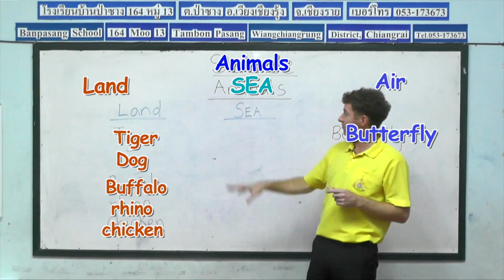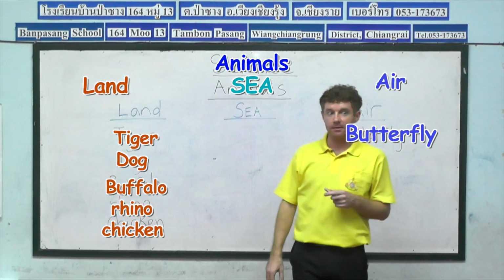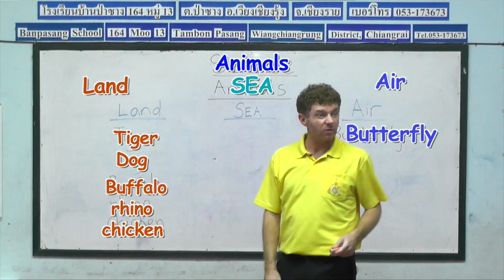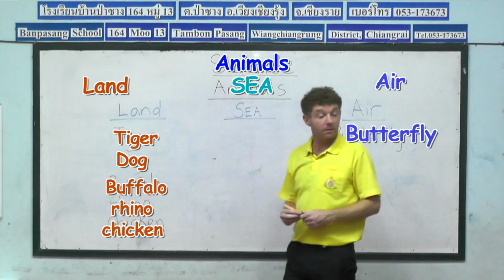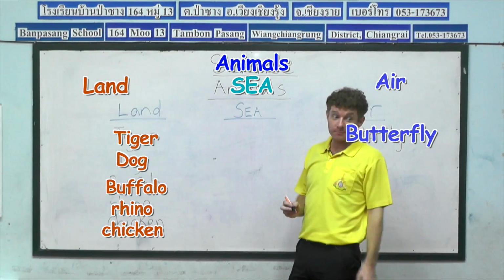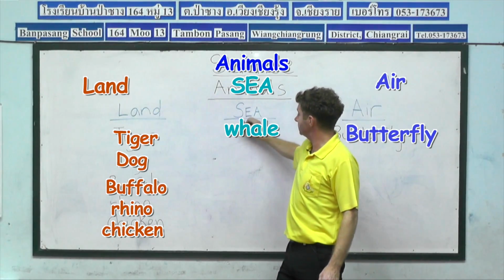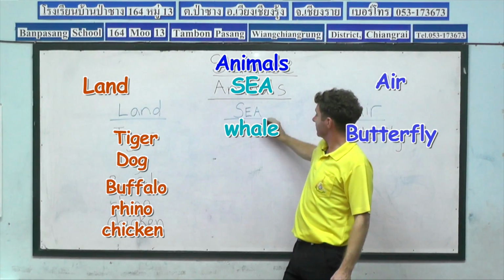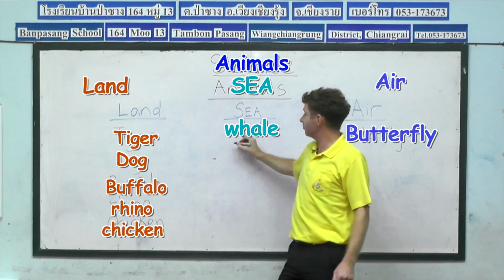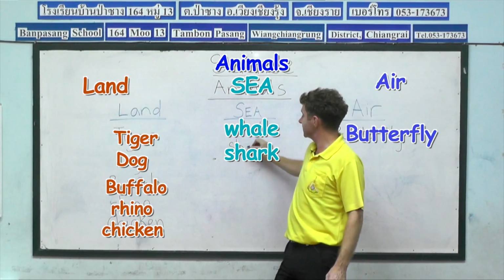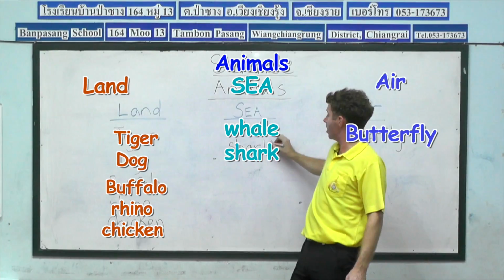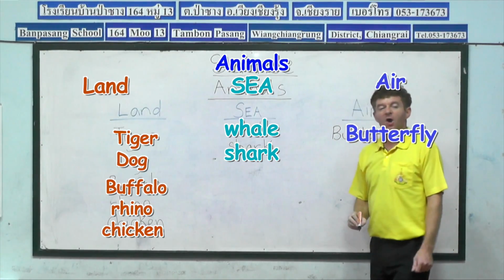Okay, now for our next category, the sea. A blue whale. Or how about whale? Whale. Fish. Okay, Bang Boom's got an answer now. Fish. So we have whale. Shark. Okay, let's write shark. S-H-A-R-K. Crocodile.